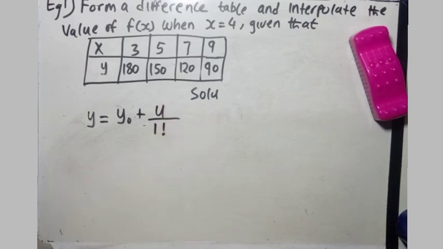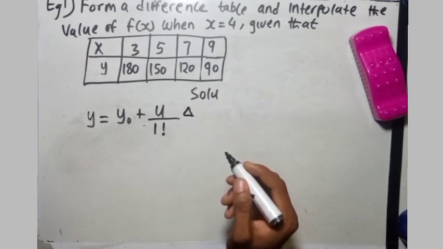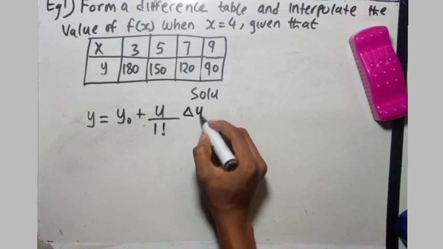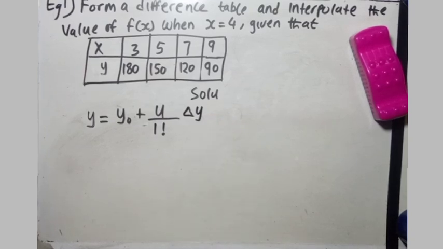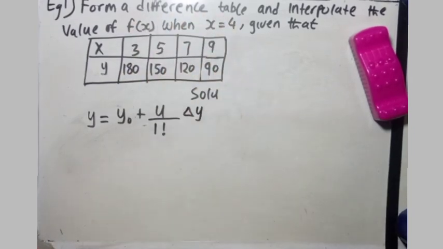Very soon I will tell you what our u is, and we're multiplying it by the change in y. Now this change in y, we'll be getting it from our difference table.